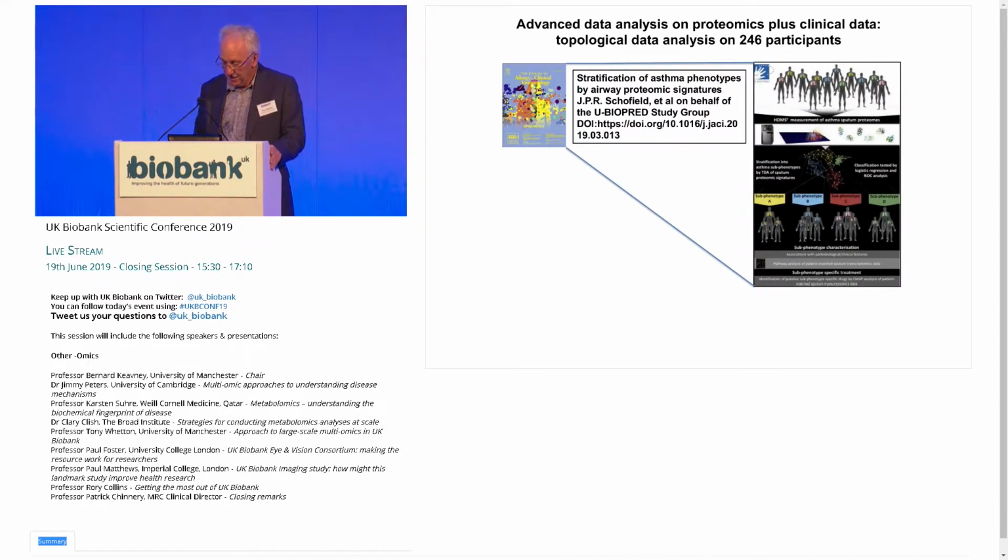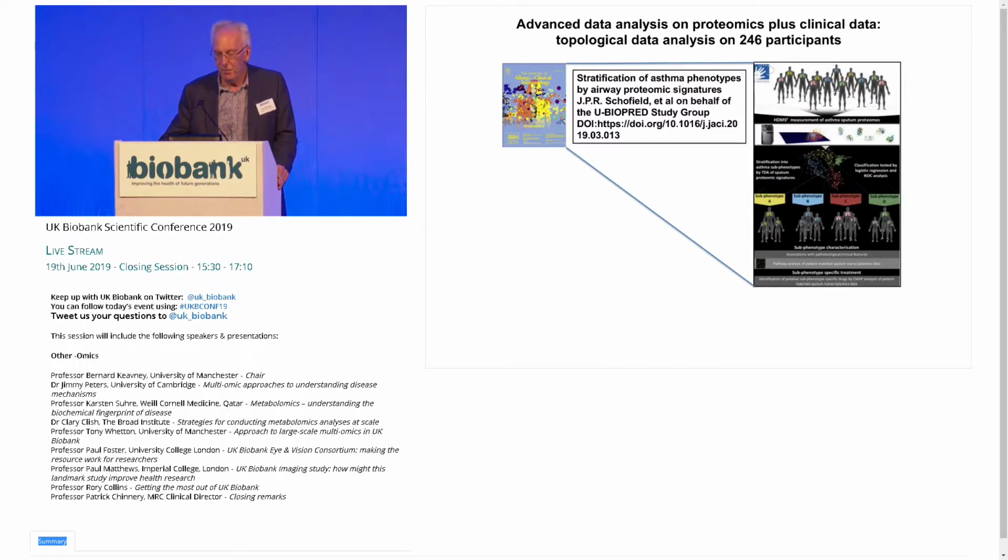So I put this example in because it shows that these new kinds of approaches are actually beginning to take place. So this is an exciting new technique which is called topological data analysis. It's actually not that new, but in terms of application to omics studies, it is new.